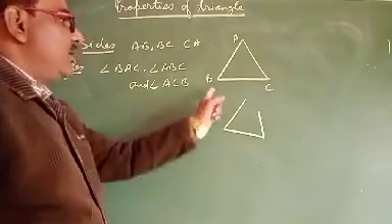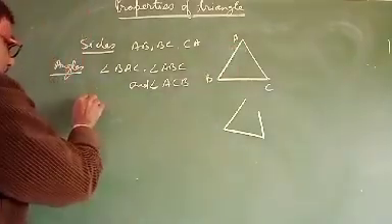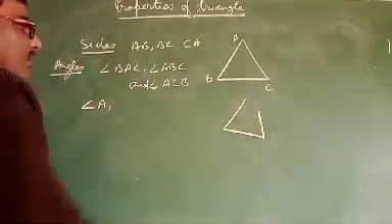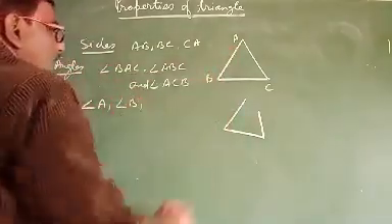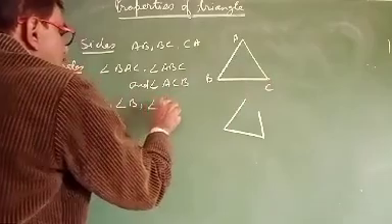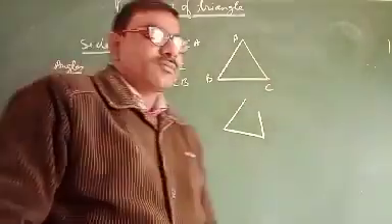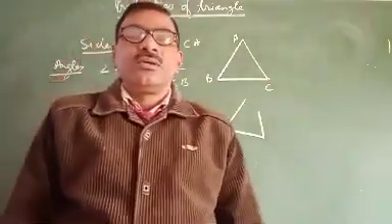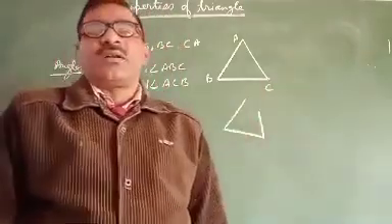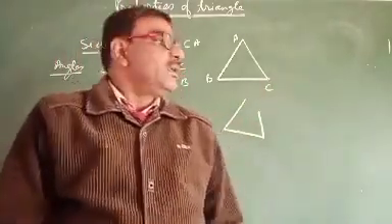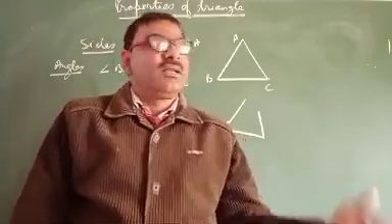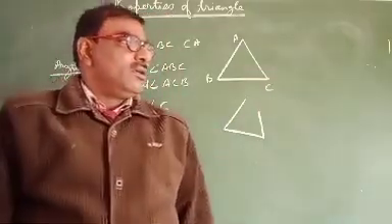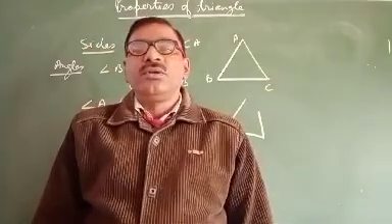Simply, angle BAC is known as angle A, angle ABC known as angle B, and angle ACB known as angle C. So a triangle has six parts: three sides and three angles. Now I hope that all this definition is clear to you.